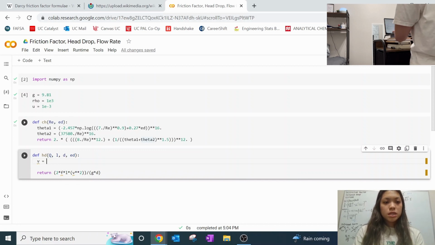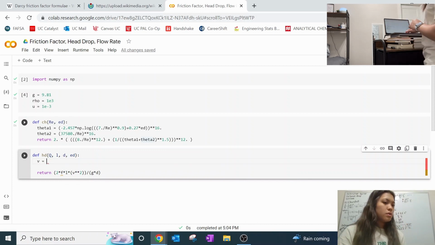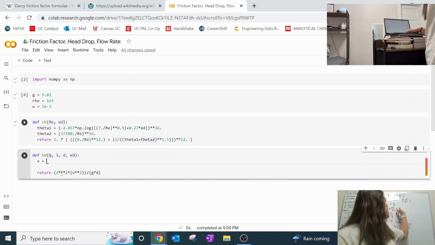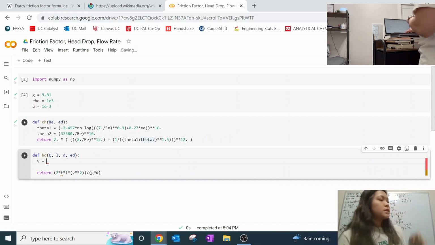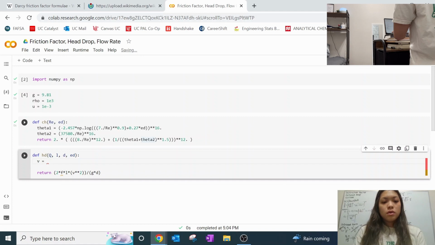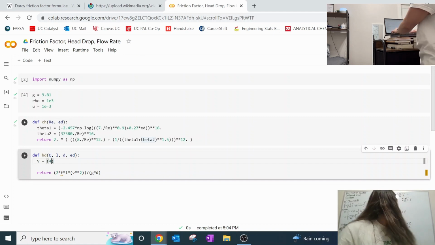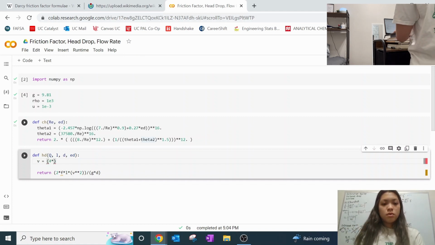And then so a few things we don't have defined are the velocity. So the velocity is equal to 4 times the flow rate divided by diameter squared times pi.